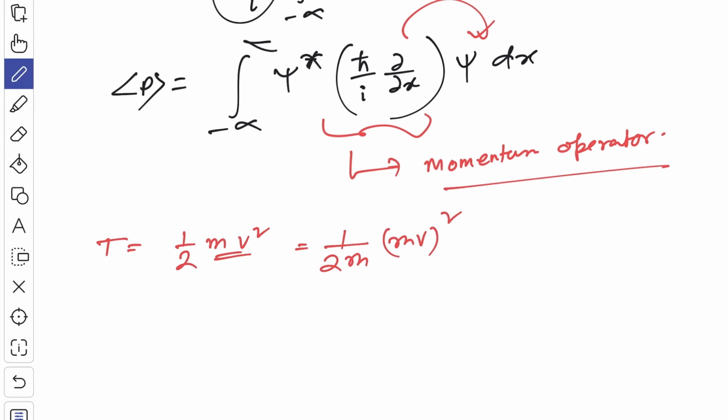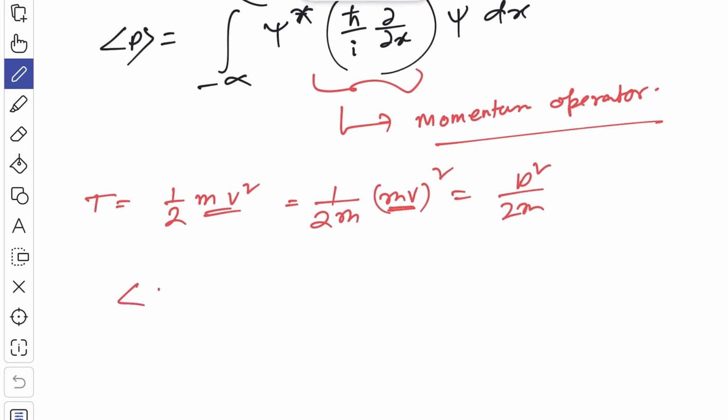Now m into v is nothing but momentum, so we can write p square by twice m. Okay, so if you find the expectation value of T, you have to replace this p in this relation, replace all the p's by this operator.